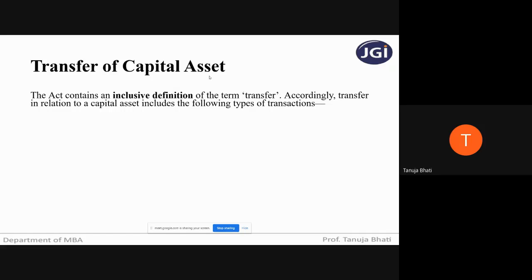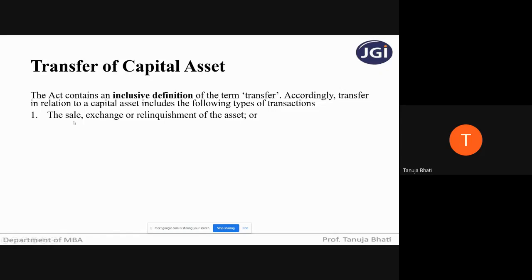The Act contains an inclusive definition of transfer. Accordingly, transfer in relation to a capital asset includes the following types of transactions. If the following types of transactions are taking place, it is regarded as a transfer. So what is the meaning of transfer? Any sale, exchange, or relinquishment of an asset is a transfer.